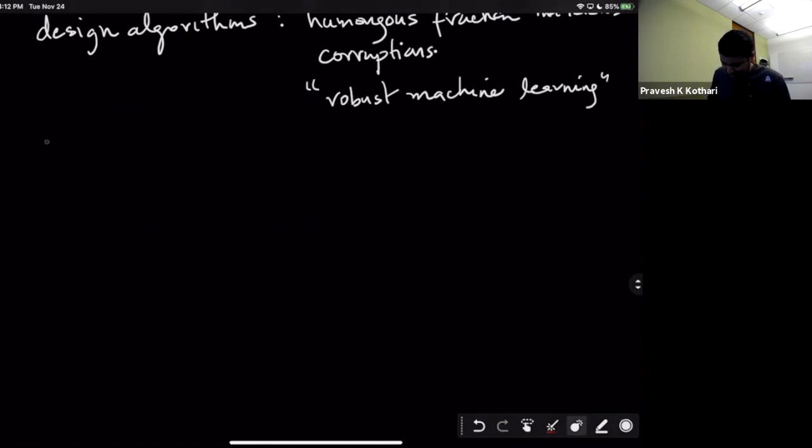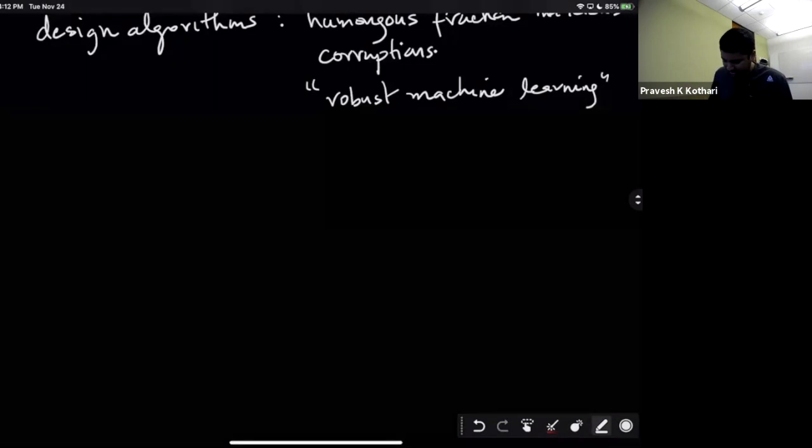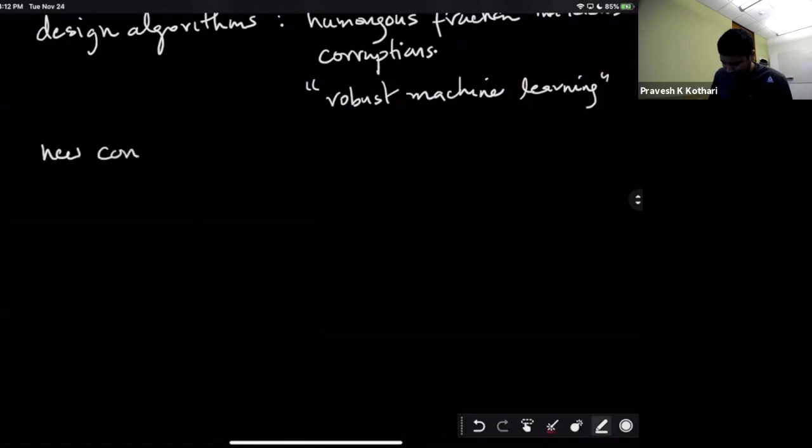And so in that, some of the points that you might notice today, and I want to point it out early on, are new conceptual ideas in algorithm design using the method we studied.